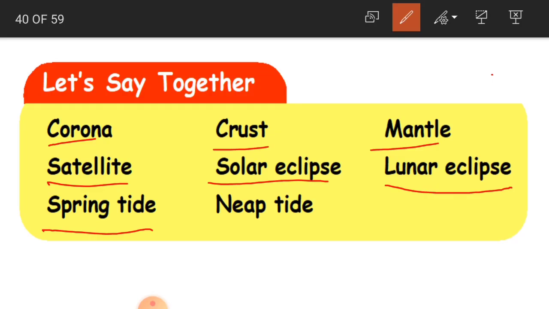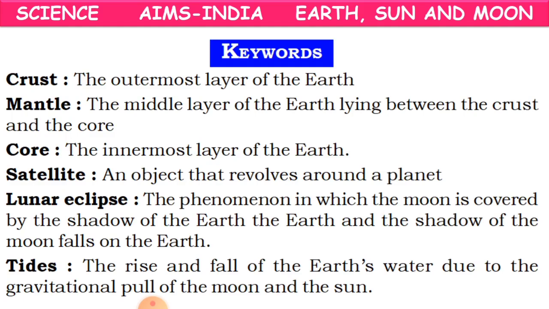We'll be having a spring tide. Neap tide, where the earth and the moon and the sun are at a right angle, then you will be having the neap tide. Clear children? So these are the words which you have to memorize.